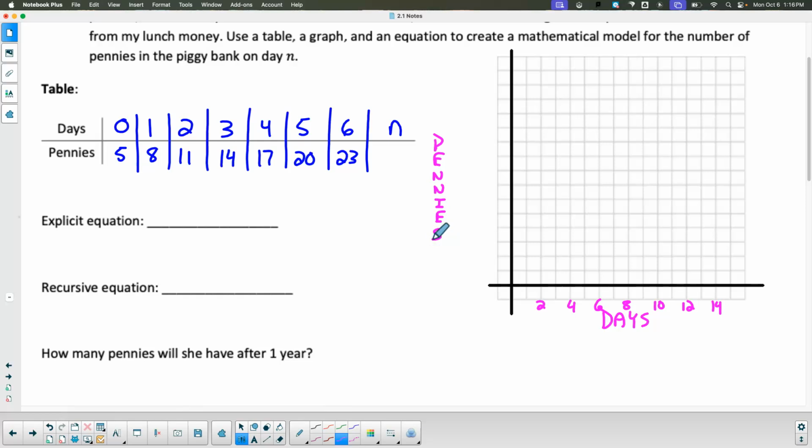You want to go by 1s, 2s, or 3s? Go by 2s? Okay, go by 2s. So then this would be 2, 4, 6, 8, 10, 12, 14, 16, 18, 20, 24, 28, 32.